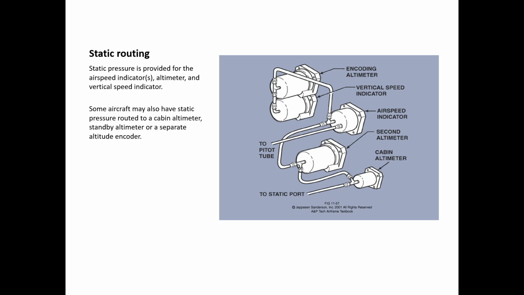They also had a cabin altimeter attached to it. We're not going to worry about that too much right now. A cabin altimeter, we'll cover that a little bit more in cabin environmental or cabin atmosphere, however you refer to the class.